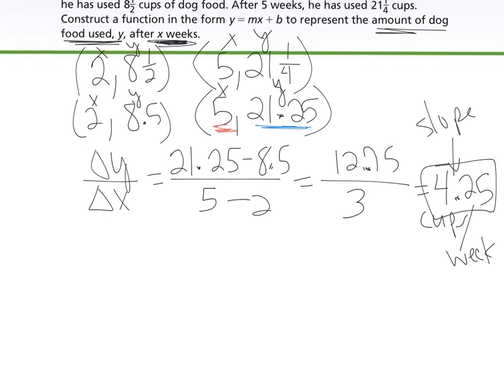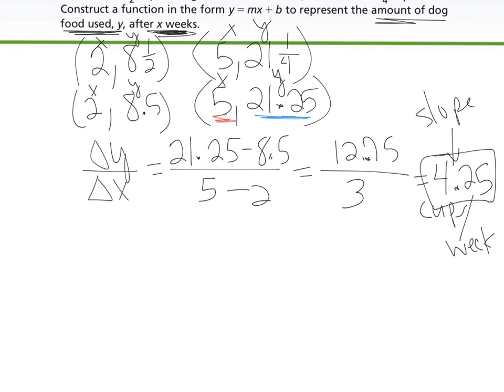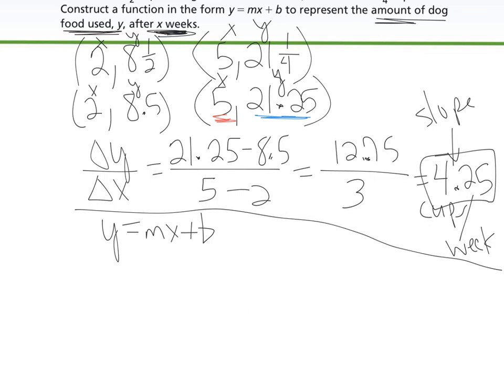Now that we have our slope, now we need to find the y-intercept. So we're going to take our equation here. We're going to substitute in. We know our slope goes in place of the m. And then we have to decide which of these points we want to use.